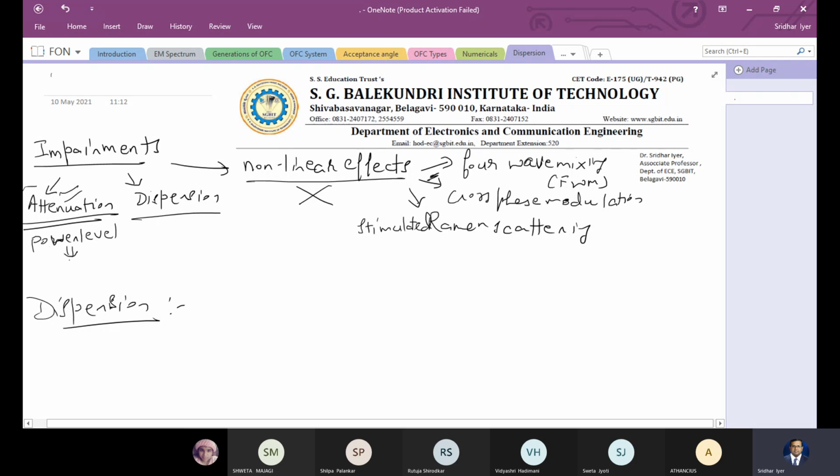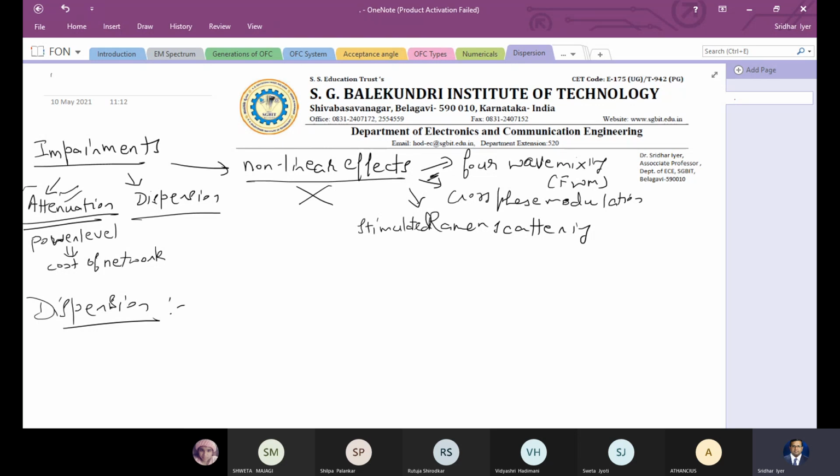So this power level is basically going to affect the cost of the network, right? Cost of network, because ultimately you will combine all this source, receiver, fiber, amplifiers, everything put together is going to then form a network. It could be a star network, hub network, mesh network, and so on, right?